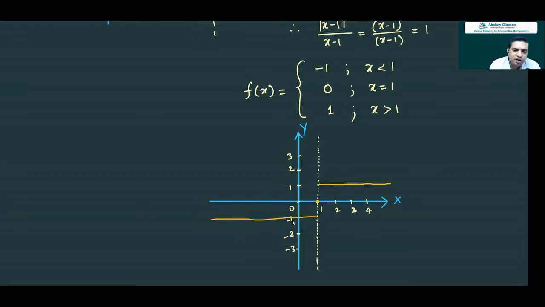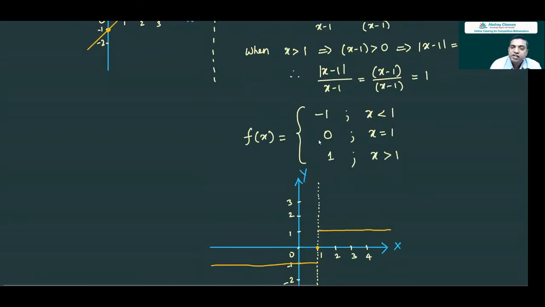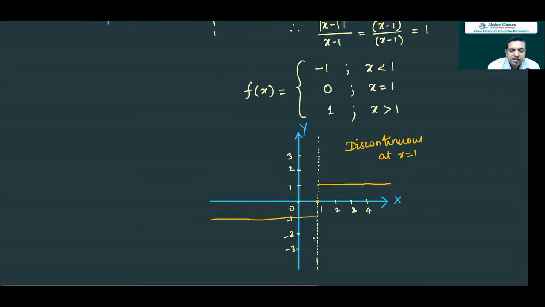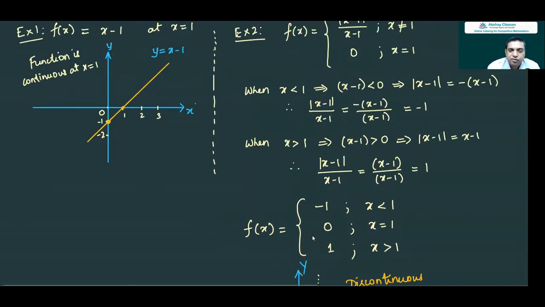So now for this particular graph, I have to cross 1. However, I will not be able to draw this graph without having to lift the pen when I cross 1. So this type of graph is discontinuous at x equal to 1. Your left hand limit is not equal to right hand limit in this case, and it is not equal to the function value.